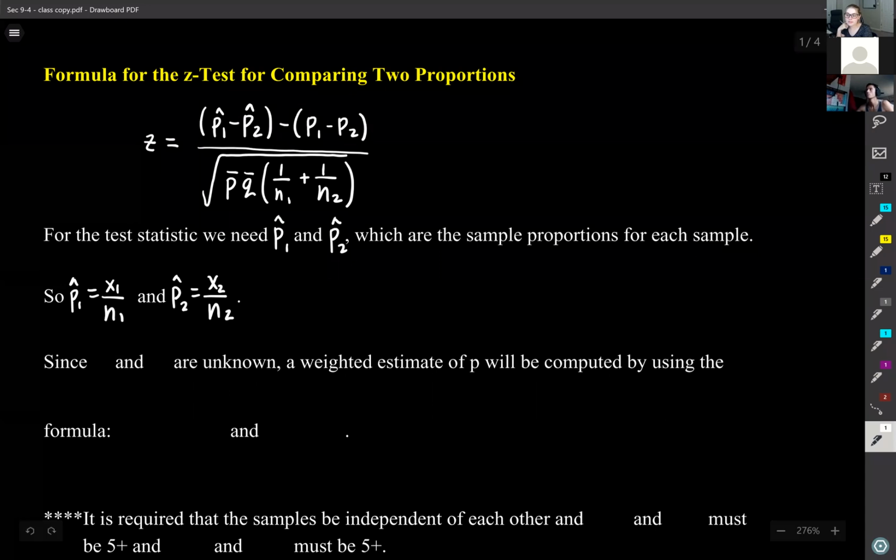And all that means is that if you're given an example where it says, I don't know, 80 people were surveyed and 15 of them have received a speeding ticket, the proportion would be 15 over 80. So that's what that means when it says X1 over N1 and X2 over N2. It's just that you have the number of people that something applies to over the sample size.